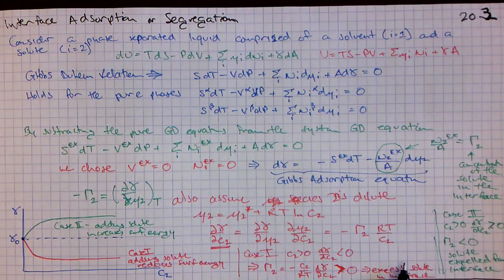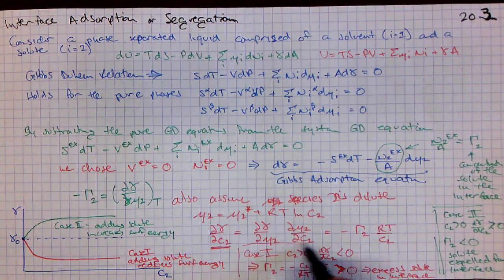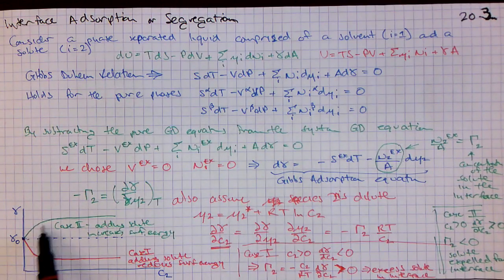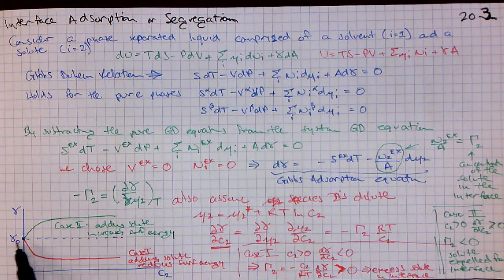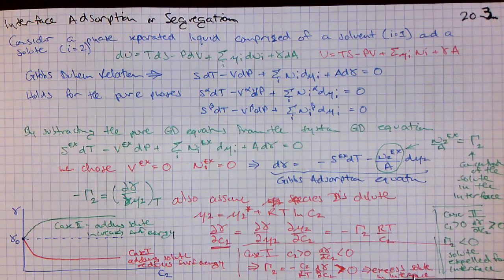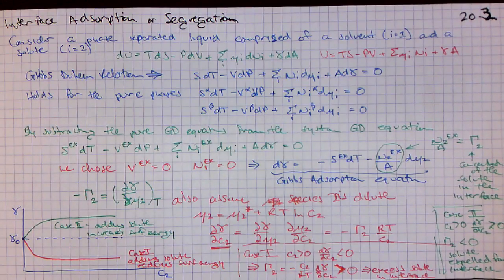So we have these two cases that are given to us by the Gibbs adsorption equation, where depending on whether the solute would strengthen the interfaces or weaken the interfaces, it will either be drawn into the interfaces or expelled from the interfaces of the material.